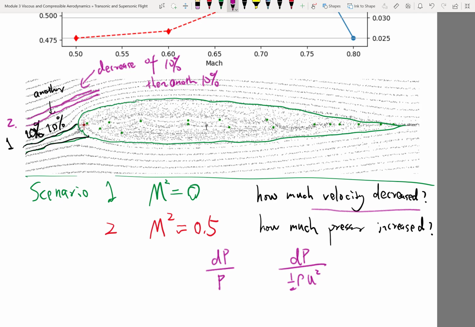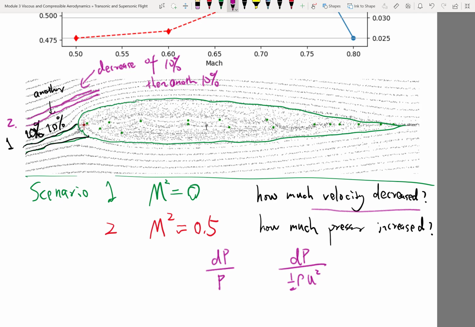In particular, that means in the stagnation stream tube, when the velocity goes to 0, you're going to see a pressure coefficient greater than 1 at the stagnation point. For incompressible flow, that never happens.